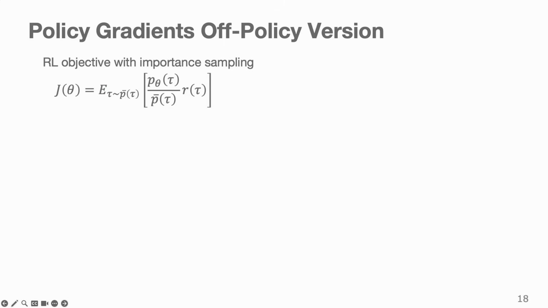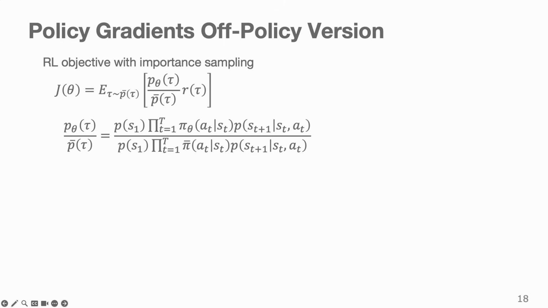Cool. How does this look in practice in terms of math? This is our RL objective now with importance sampling. We can start by inserting our trajectory distribution formula using the chain rule and substitute it for the old and new policy.